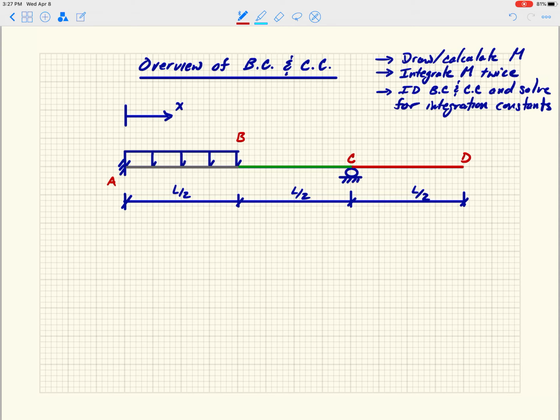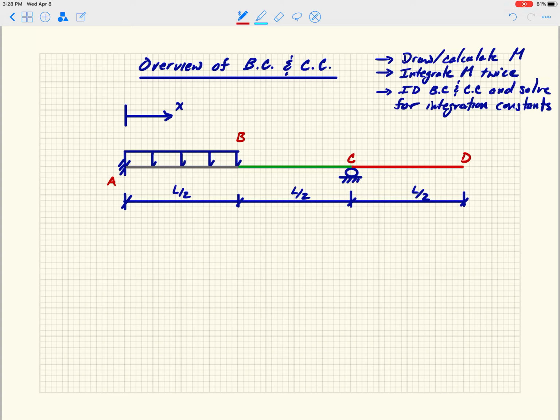And we know that because the discontinuities are at the supports, and the beginning and end of distributed loads, right? Those are the ones that we have here, that these three segments are each going to have their own moment diagram, right? There is not going to be a single moment diagram that's going to be valid across this entire structure, right? We'll have one from 0 to L over 2, one from L over 2 to L, and one from L to 3L over 2, right?